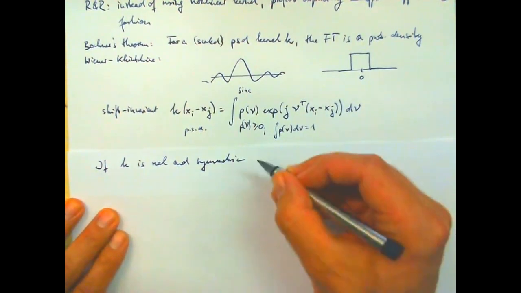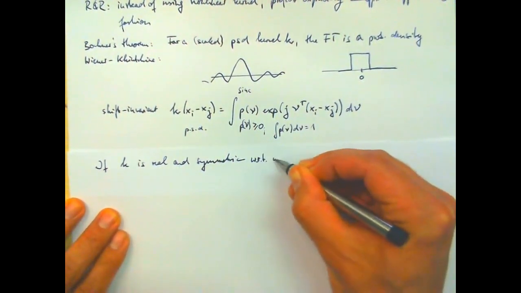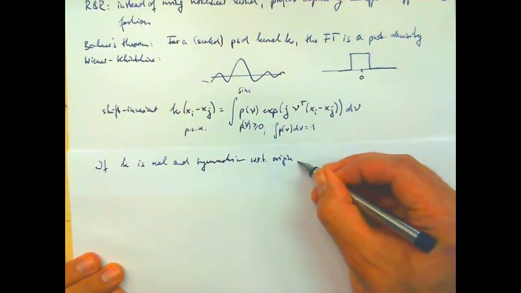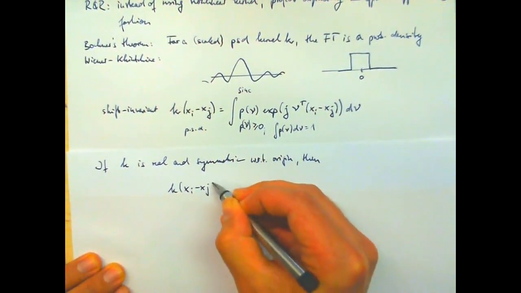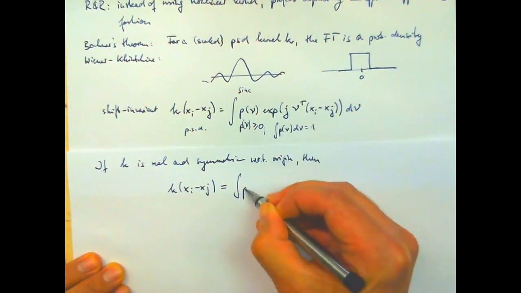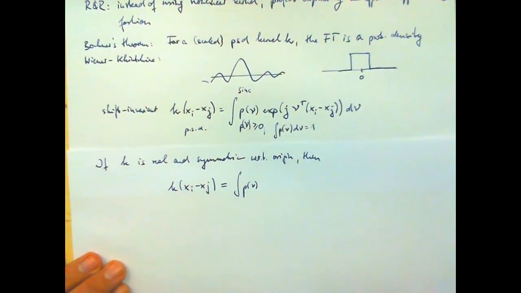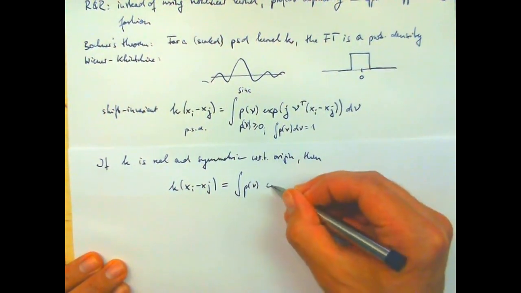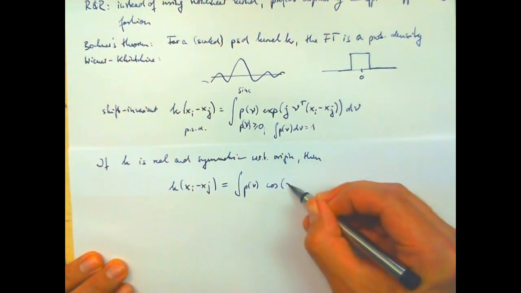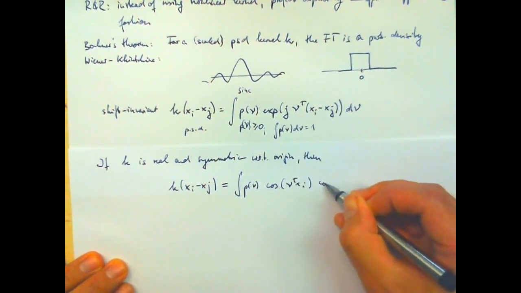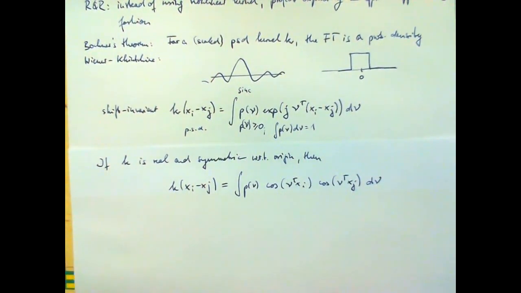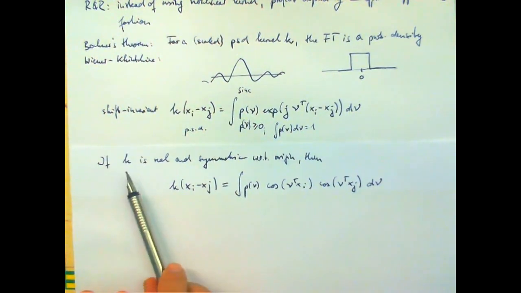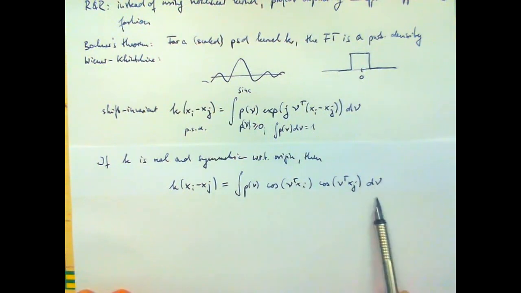So if it's symmetric with respect to the origin, then I can write that the kernel of xi minus xj, and now rather than using these complex exponentials, I am simply using here a product of two cosines. So that holds if the kernel is real and symmetric. But under that condition, this is exact, no approximation here.